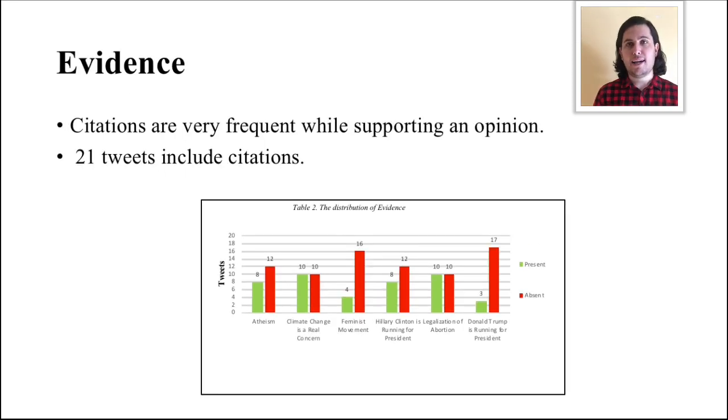Evidence is the other tag that I talked about. By annotating, it was quite interesting that citations were the most frequent evidence provided by the users, and that was not really expected by me. I thought that maybe it would be providing another external source and pasting it in the tweet, but it actually turned out to be citations, like 21 tweets include them, and then you have a distribution of evidence.